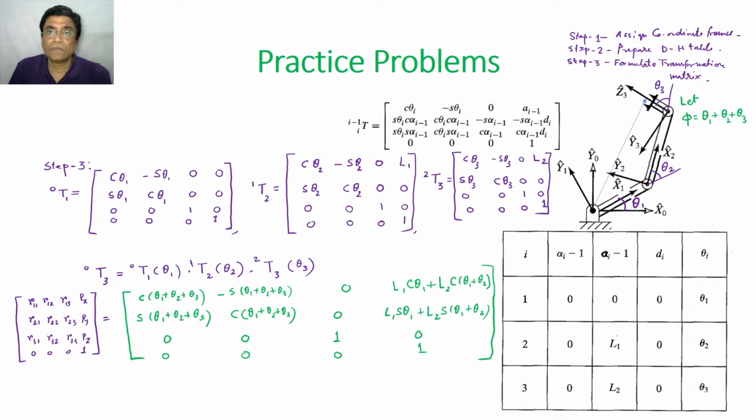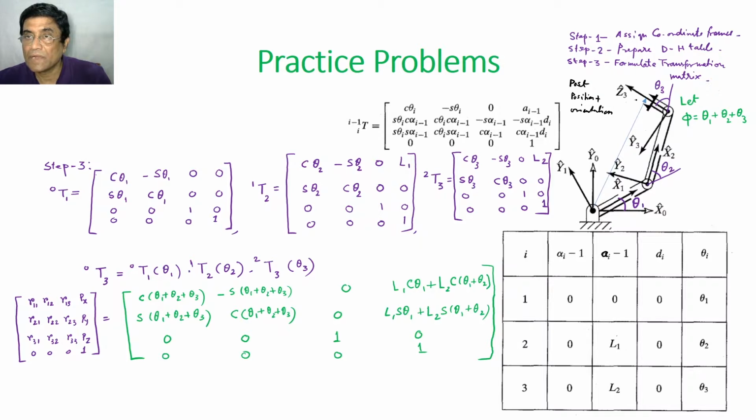Another practice problem we are taking, unlike the other practice problem where we had only 2 links. Here I have added another link, so this is a planar 3 link. Then the pose, that is position plus orientation, can be captured by this gripper.